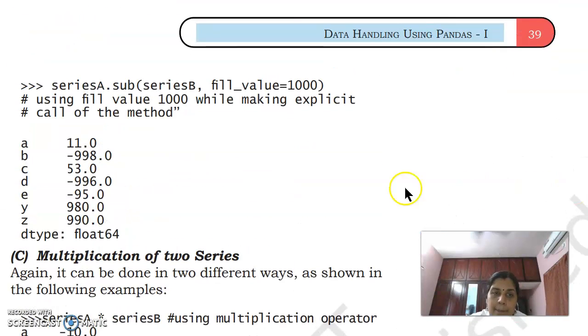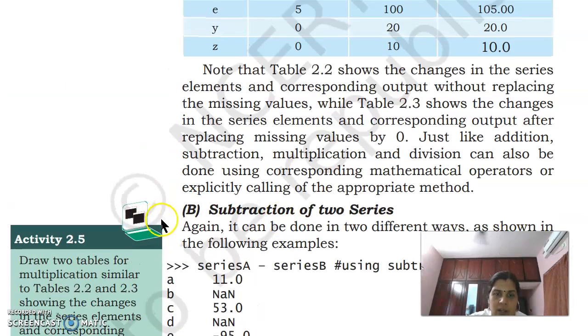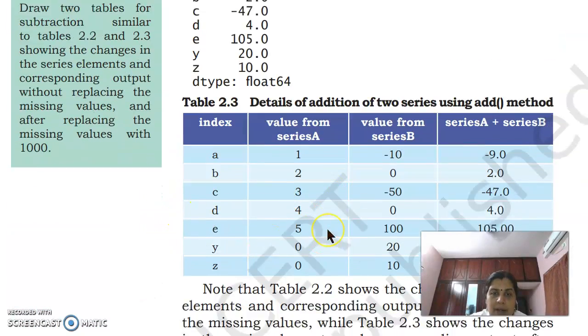When we are using the sub method, like in the addition function, we can use the fill value operation. Here fill underscore value equal to 1000 means we are filling the value 1000 where there are no values. That means missing values, or an index which didn't contain any element, is replaced by 1000. So what happened in this example?